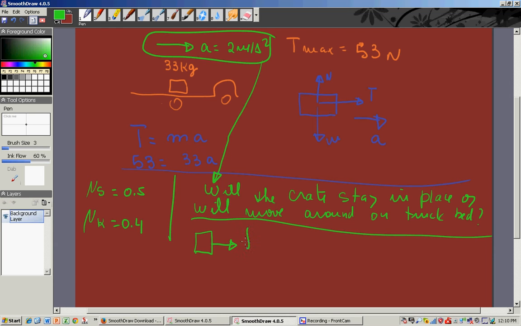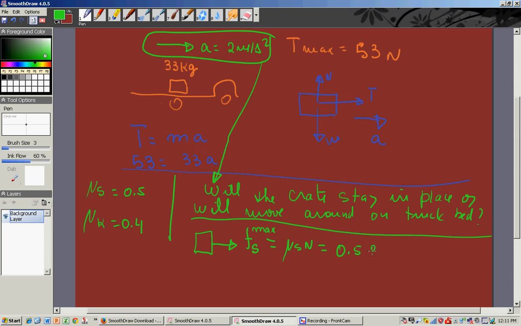No problem. You do your free body diagram and say, okay, the truck goes to the right. The crate exerts a force on the truck to the left. The truck exerts a force on the crate forward, and that is the static friction. What is the maximum value of static friction? Well, the maximum value of static friction is equal to the coefficient of static friction times the normal.